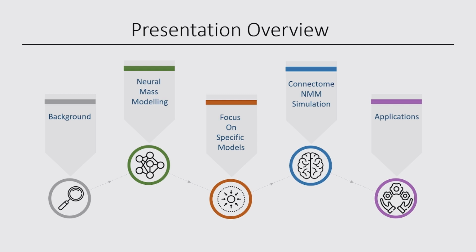They're chosen to have some connection with some of the talks coming later in the afternoon. But they're exemplars because it's impossible to cover every model used in the field at any level of detail. Then I'll comment on how these get brought into the whole brain connectome-based neural mass model simulation approach, and give you a little précis of the application talks that we'll be hearing in the afternoon. Okay, so let's jump in.